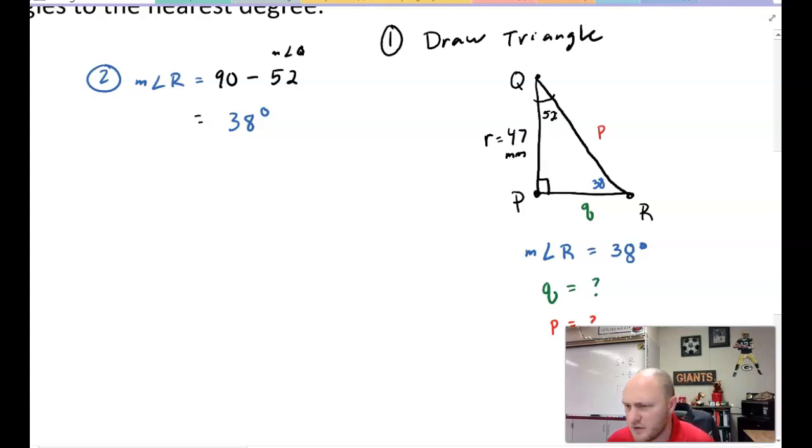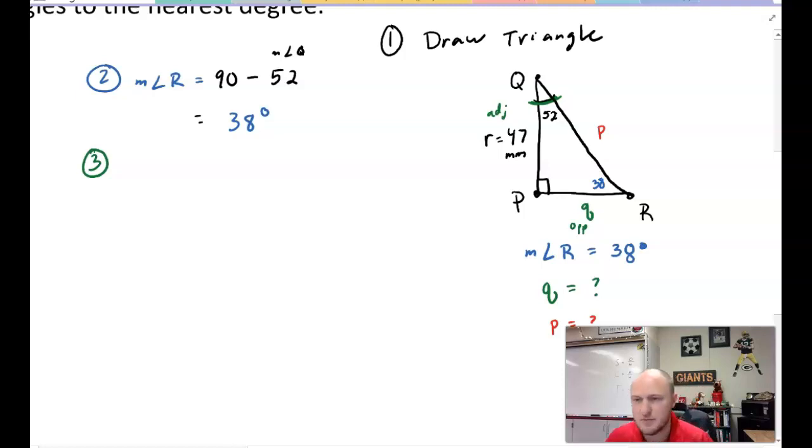Okay, so now I want to find p or q. It doesn't really matter which one you want to find, but I'll go with q just because I listed it that way. So number 3. If I want to find q, I'm given this angle here, 52, and q is opposite, and r is adjacent.